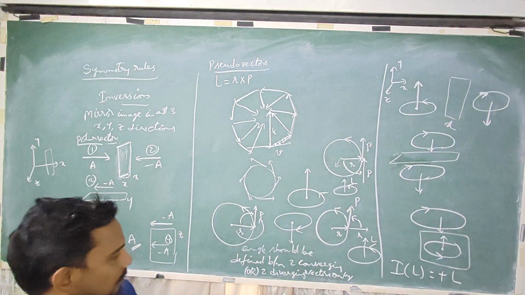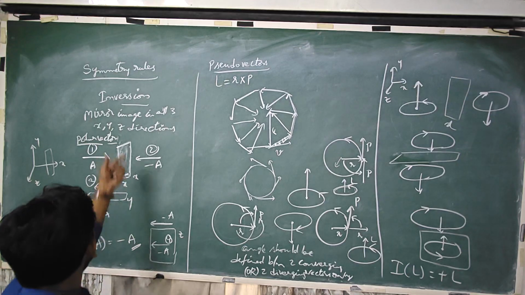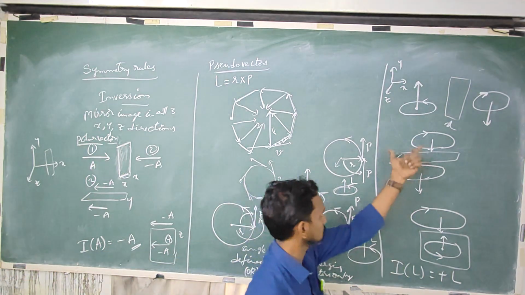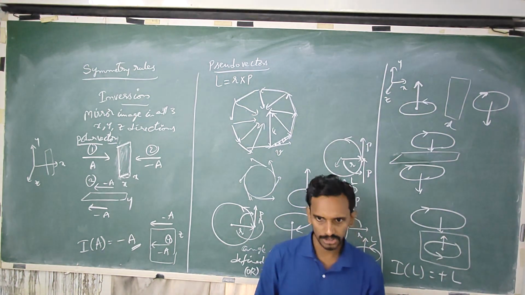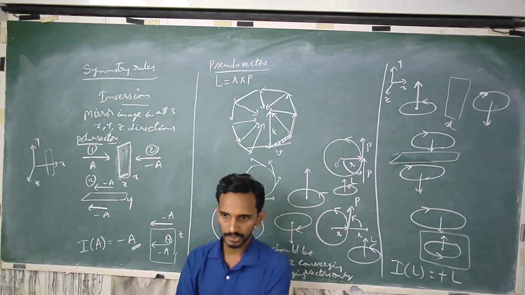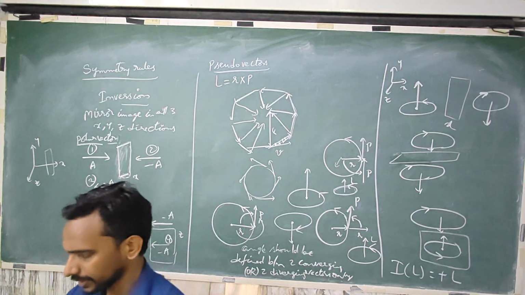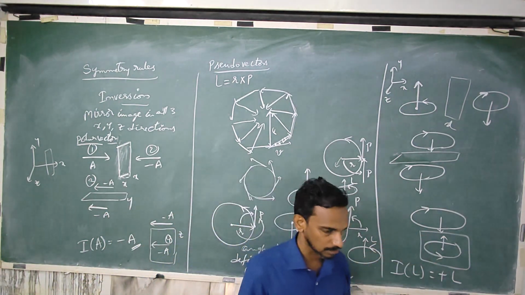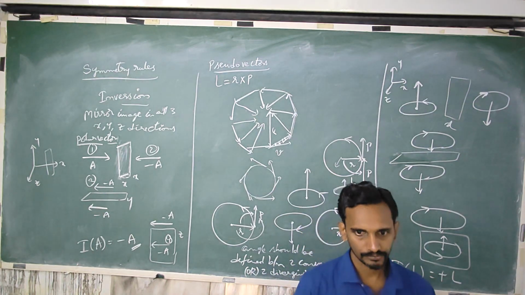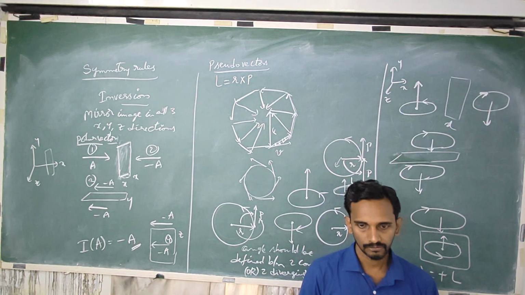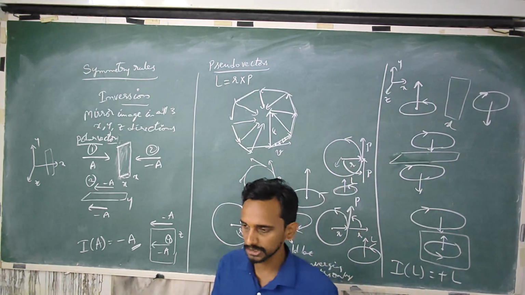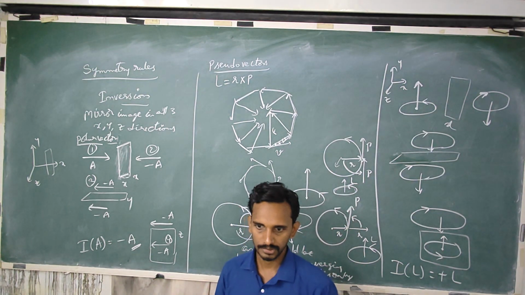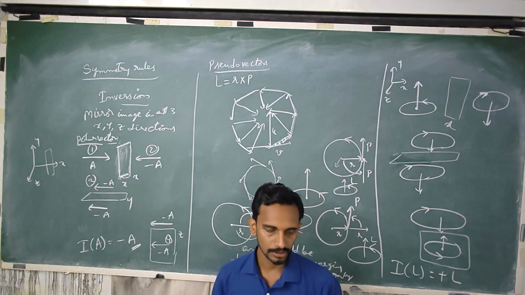Okay, so what is the conclusion? Ordinary polar vectors change sign upon the inversion operation, whereas pseudo vectors do not change sign, they remain the same. That is how you identify the direction of the vector. This is the most important observation in beta decay, in the Fermi theory of beta decay, that led to the discovery of a new particle called the neutrino.